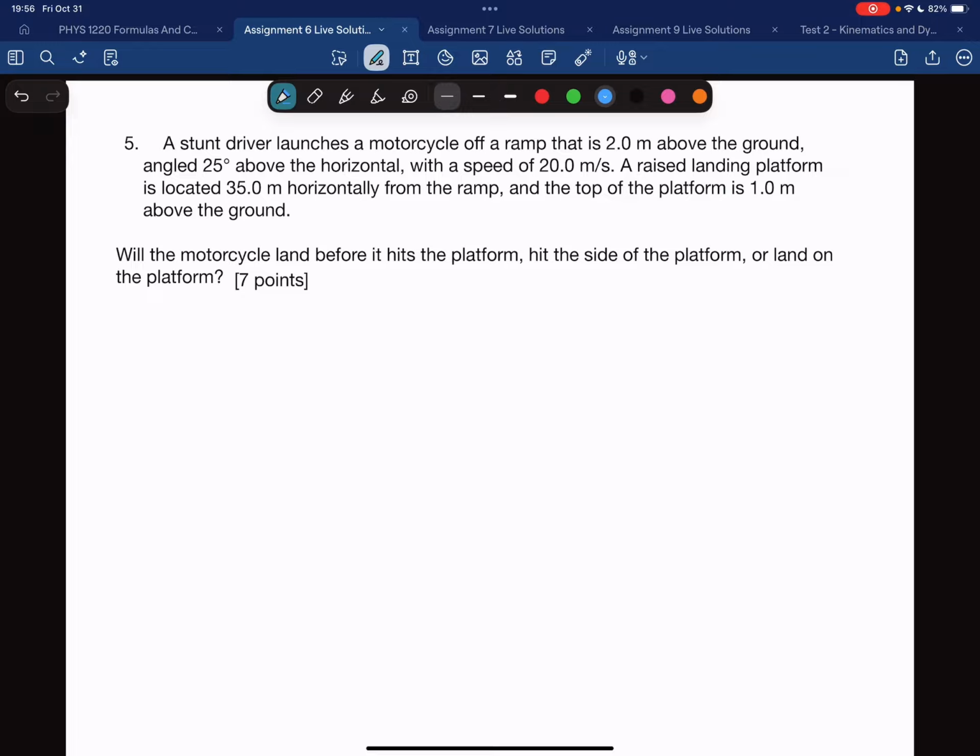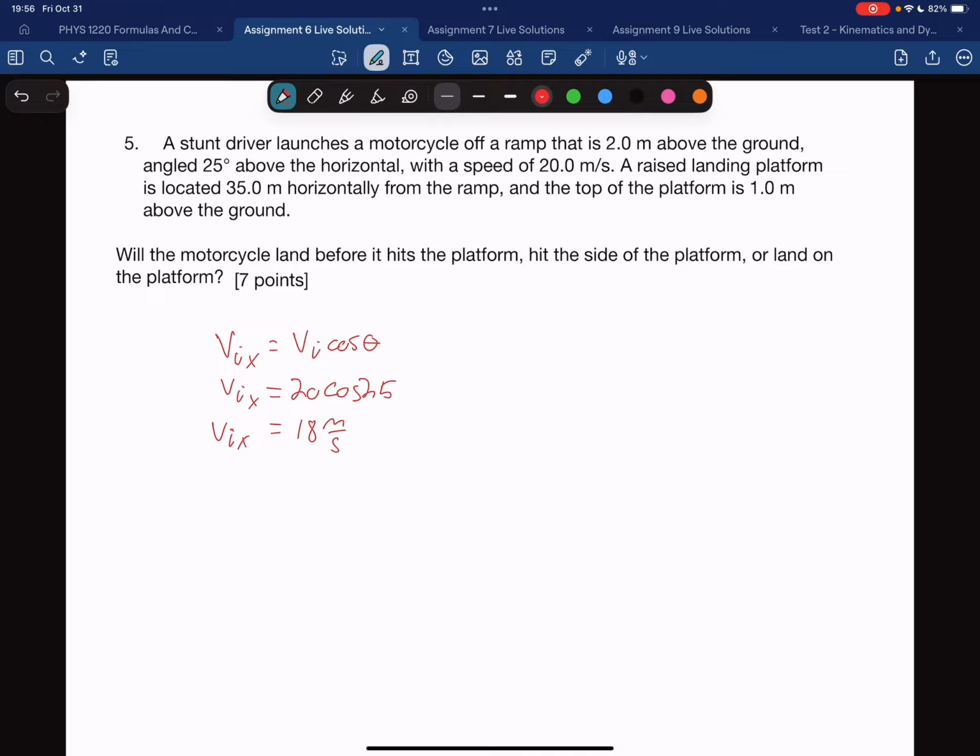So, first thing we're going to want to do is break that initial velocity down into components. So, I'm going to take VIX, and that's just going to be VI cos theta, which is equal to 20 cosine 25, which is equal to about 18 meters per second.